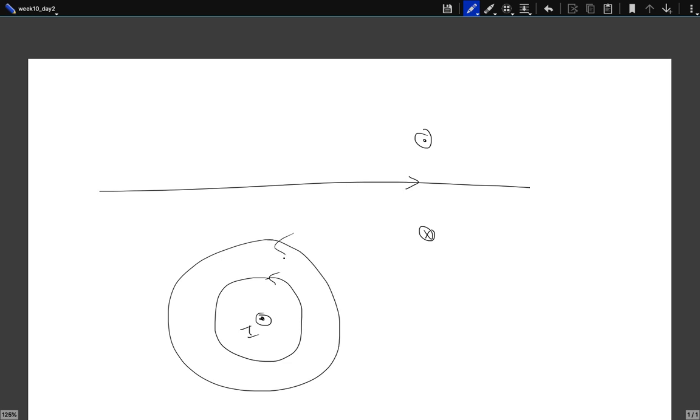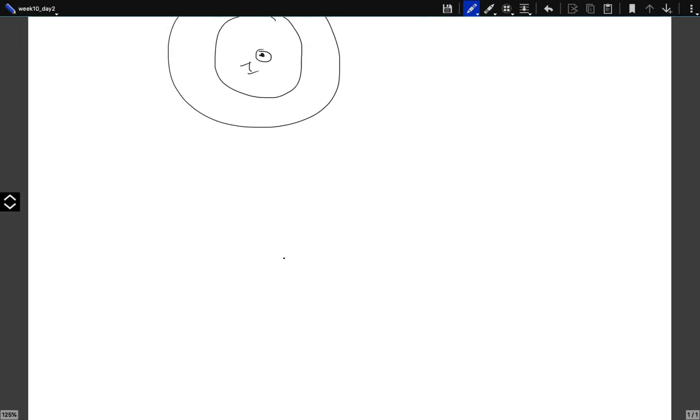Then we looked at the force that the magnetic fields exert on current carrying wires.